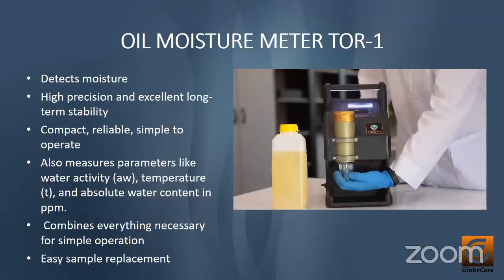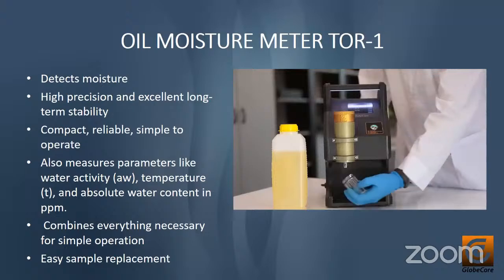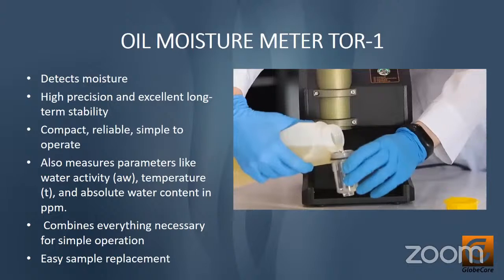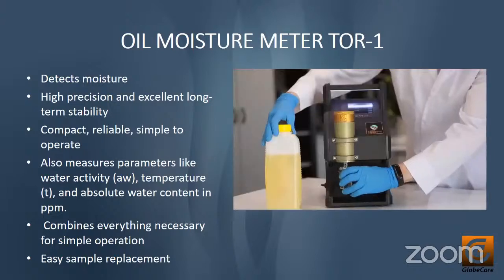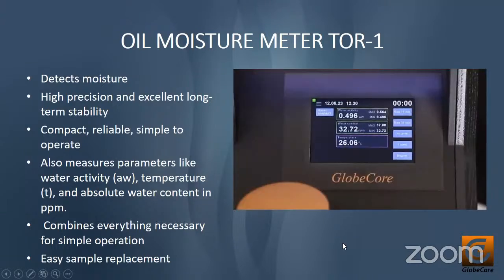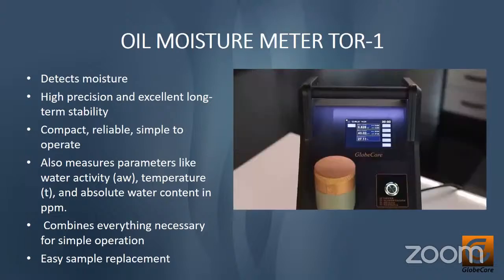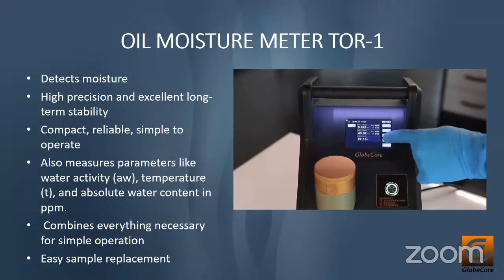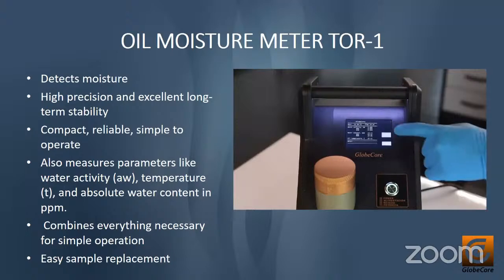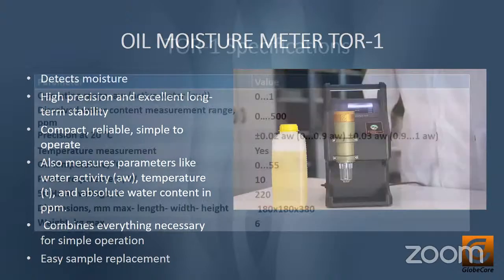The use of TOR-1 allows diagnosing the transformer oil as soon as possible and making a quick decision in the field near the transformer. The device combines all the devices necessary for simple and convenient operation: LCD panel to display the moisture content of tested oil, intake container for tested oil, moisture sensor to detect the mass fraction of moisture in insulating oils, printer for paper output of test results.